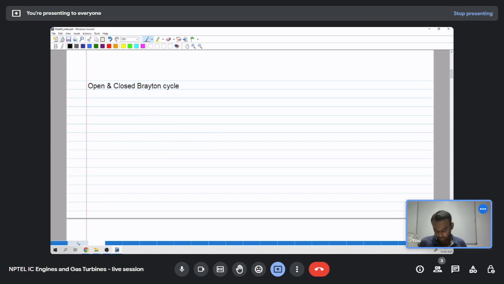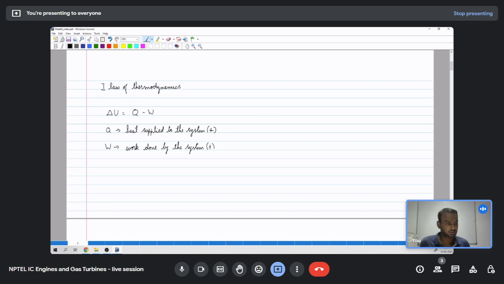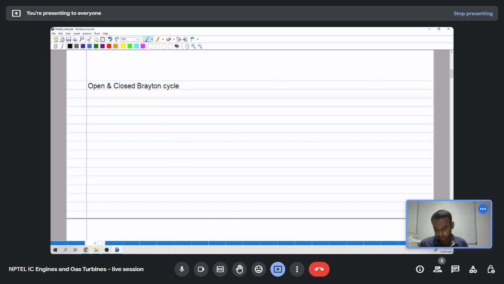So I think till now things are clear, and earlier we have seen something called the air standard cycle for Otto and diesel cycles. That is, I will just draw the Otto cycle.